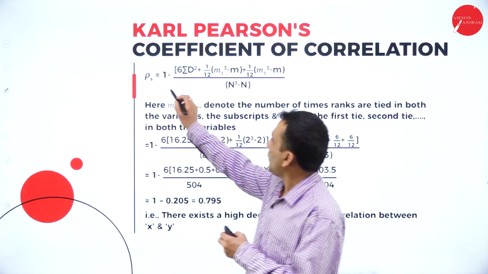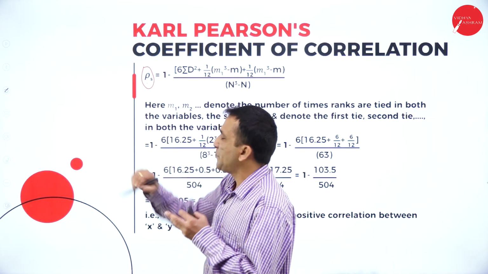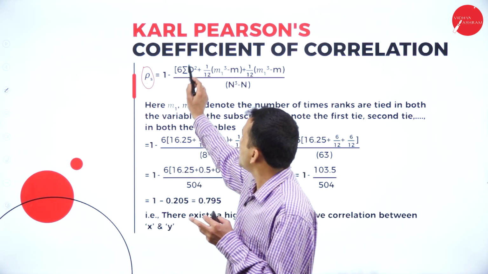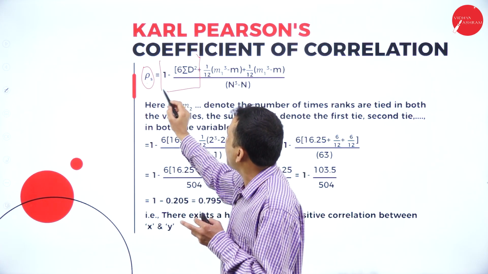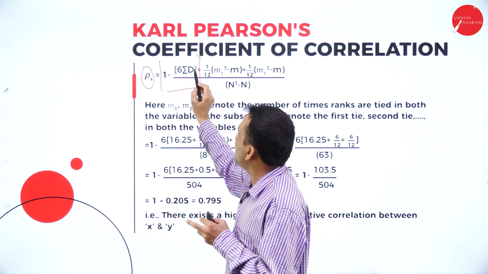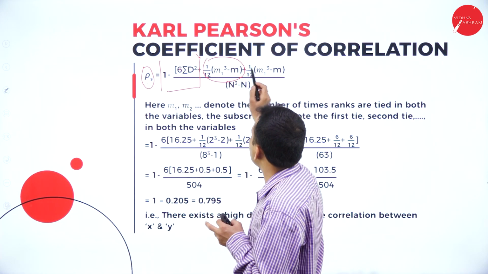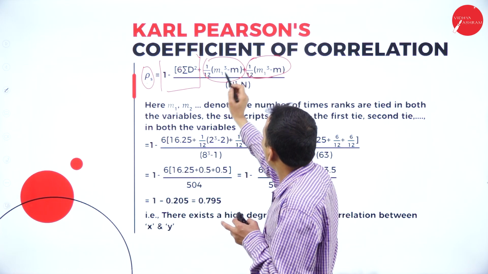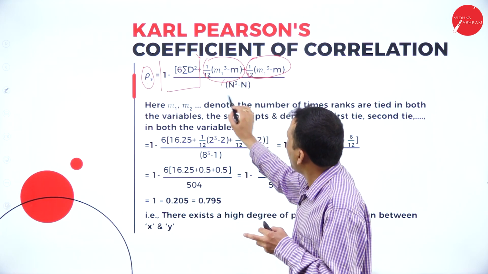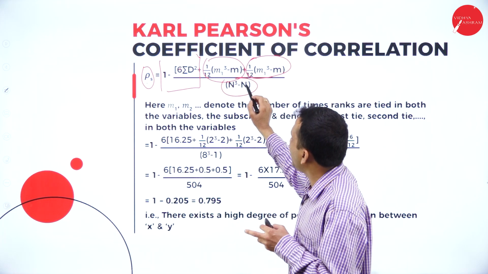So moving to the formula, we are using the Spearman rank correlation. The formula is clearly specified: 1 minus 6 sigma D square plus the correction factors, since 5 is repeated and 2 is repeated, divided by n to the power of 3 minus n.